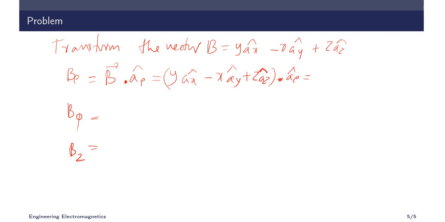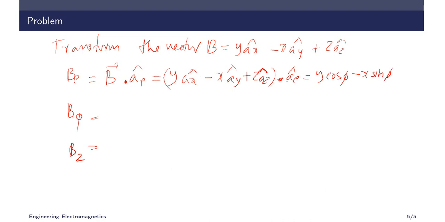Y ax dot a rho, you know from the table, will be cos phi. So y cos phi, minus, next ay dot a rho is sin phi, so minus x sin phi, and the third one is 0.